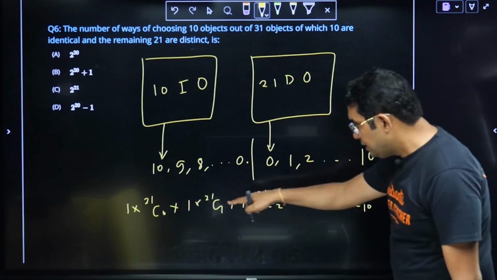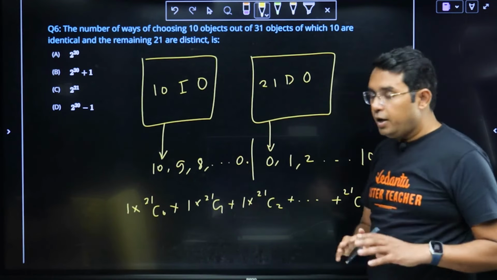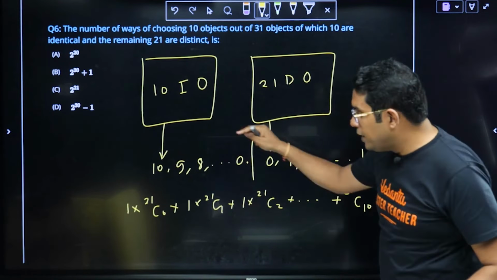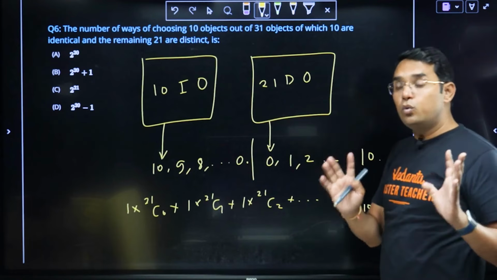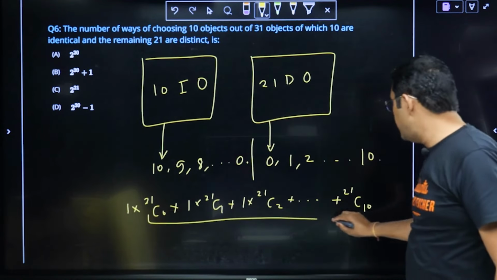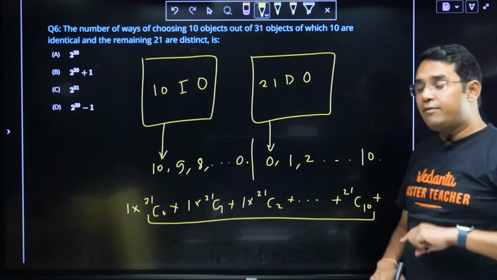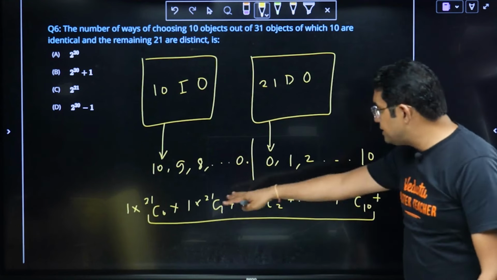Okay, now this series, if you see, it is actually half the terms of 21C0 up to 21C21. 21C0, 21C1 and so on, they are total 22 terms, out of which we are having just 11 terms. And the remaining 11 terms will be same as these terms. How?